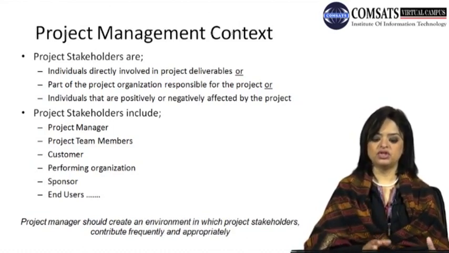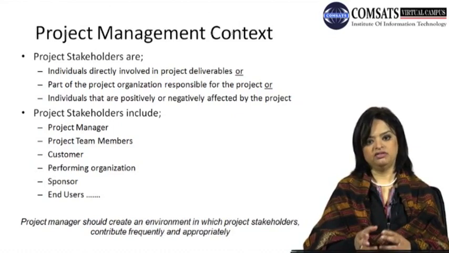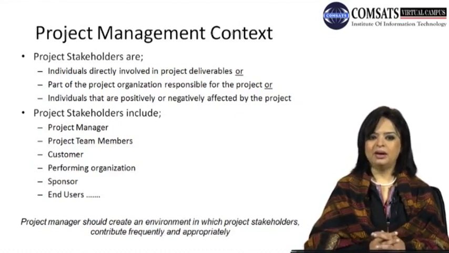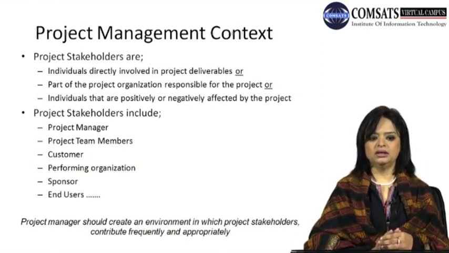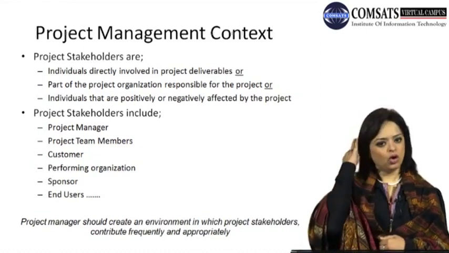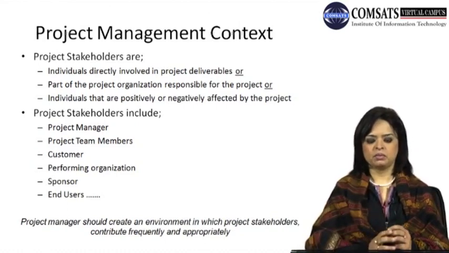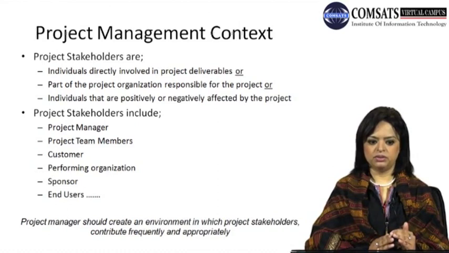Individuals that are positively or negatively affected by the project. Think about the word negatively. The easiest example that I can give you right now is when we are automating certain things, there is a probability and a possibility that some employees will be laid off in that situation.